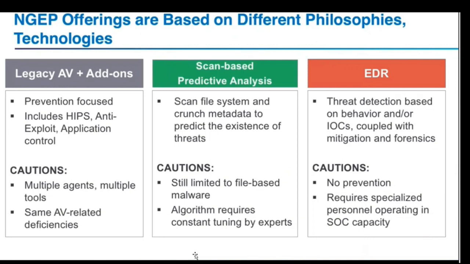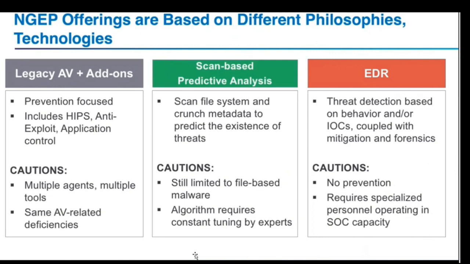Also, it requires specialized personnel to operate a security operations center to carry out that search and mitigation, remediation, and forensics. So it's a more complicated, extensive approach, but we'll look at the three mechanisms together: prevention, analysis, and detection, and the ability to have search and response together forms an interesting approach to the problem.